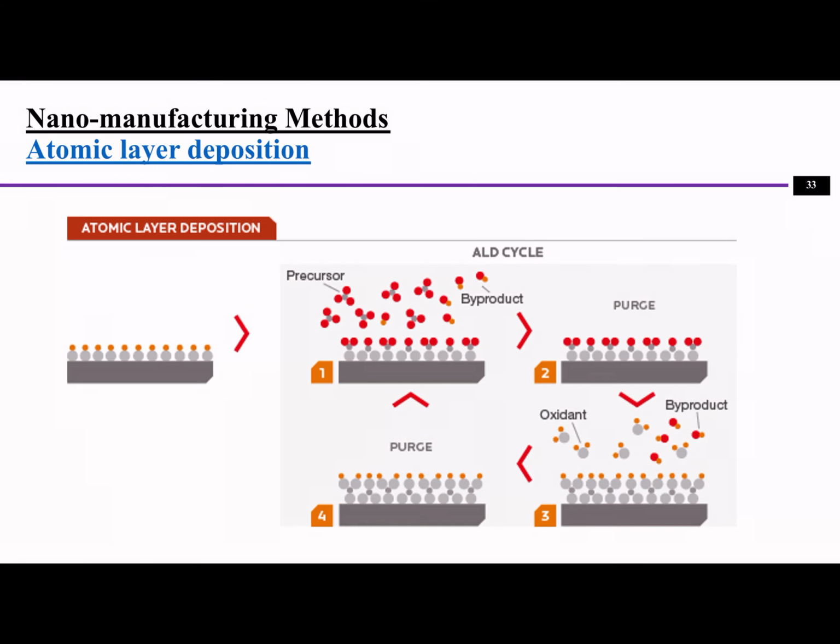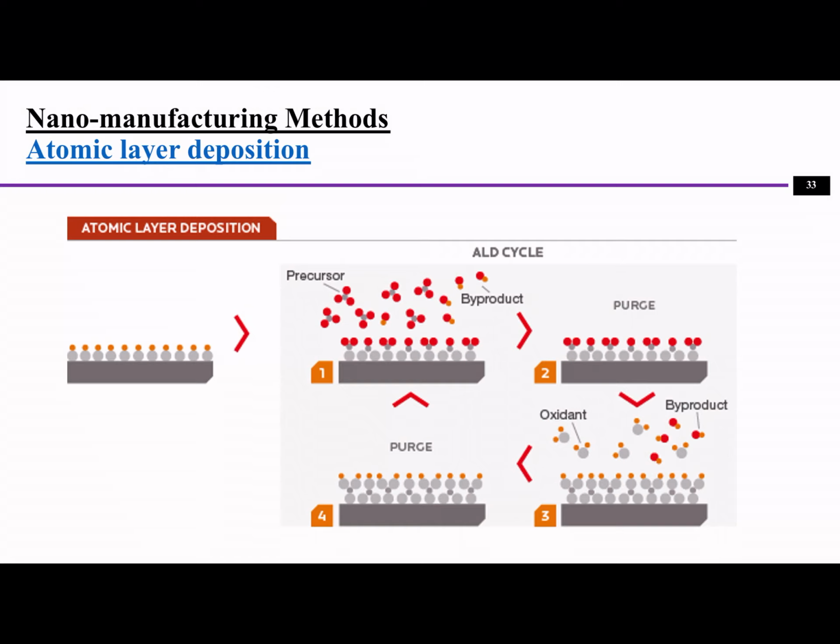All right. So the next process is atomic layer deposition. Every time we put a layer, we apply a pulse of the layer material, and then do a purge to clean the byproduct from it.